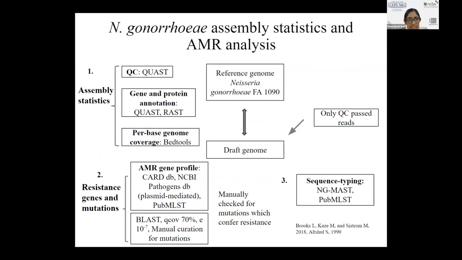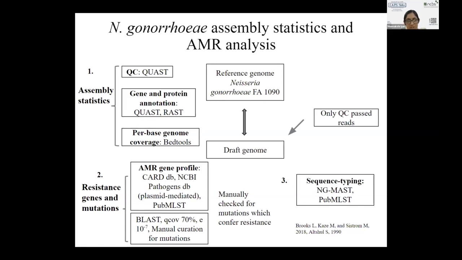Once we had the genomes, we also did gene prediction, that is, identifying all the genes in this genome, for which we used the RAST annotation pipeline. Then we created a database of all the resistance genes and mutations, and used a BLAST approach to identify which of these genes along with the mutations are present in our organisms, which can lead to drug resistance.